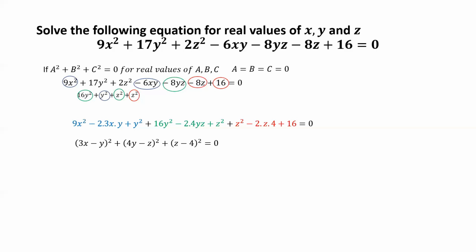So we have essentially the form a square plus b square plus c square is equal to 0. And for that to hold true, each of those terms individually must be equal to 0.